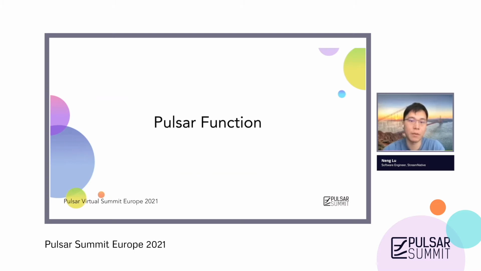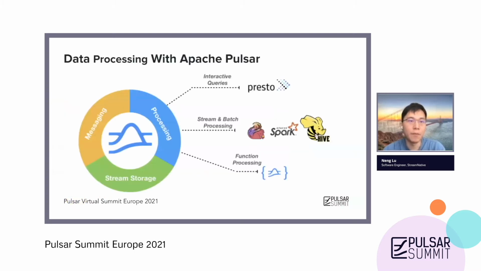So first of all, Pulsar Functions. We know that Apache Pulsar supports different data processing frameworks, in three typical categories, including interactive queries like Presto, stream and batch processing frameworks like Spark or Flink. And the last one is special to Pulsar, which is function processing.